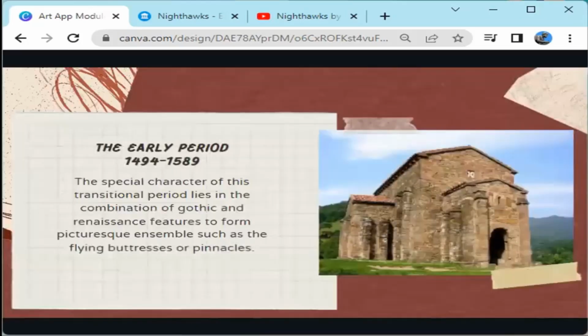Now, from 1494 to 1589, the special character of this transitional period lies in the combination of Gothic and Renaissance features to form a picturesque ensemble, such as the flying buttresses or the pinnacles.